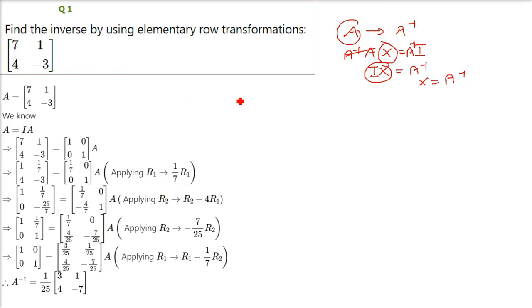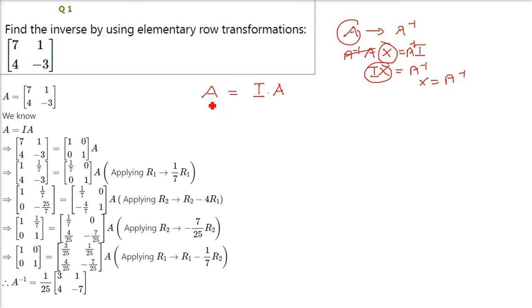So in this elementary row transformation, what we do is, we have a matrix and we purposefully multiply this with the identity matrix, and we know that multiplying any matrix with the identity matrix is going to give that same matrix back, right? So A will be equal to the identity matrix into the A matrix.